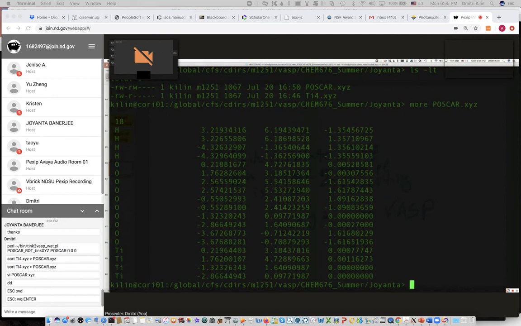Lower left, right? Yes. Okay. Colon, and then lowercase WQ. Yeah, WQ. And then enter. Then enter CHEM. Oscar XYZ CHEM.